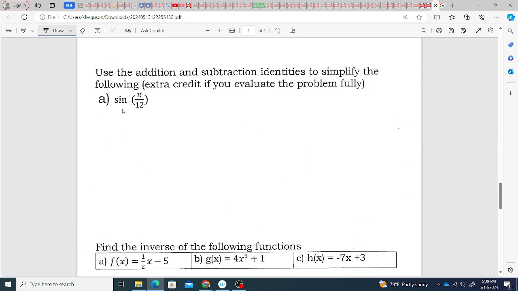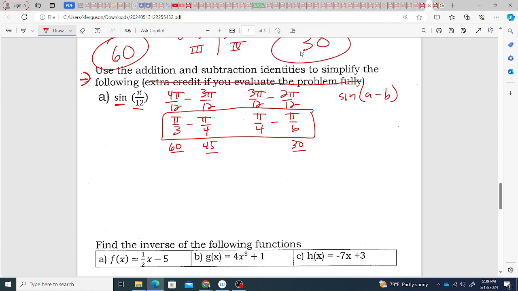That's sine of a minus b, and that equals sine of a times cosine of b minus cosine of a times sine of b. So what does that mean for this? I'm just going to use this one because that's pretty much the one we've been using forever. Let's do it right.